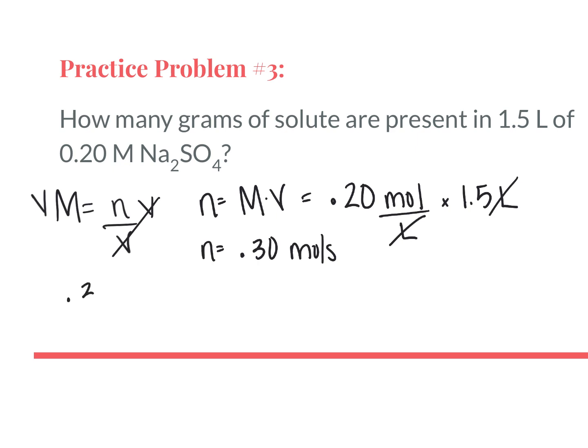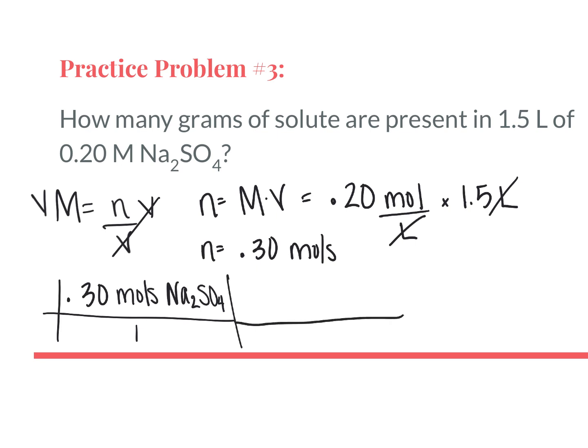We know we need 0.30 moles of Na2SO4. How do we get to grams? What do you have to multiply it by? Molar mass. Will you please find the molar mass of Na2SO4?